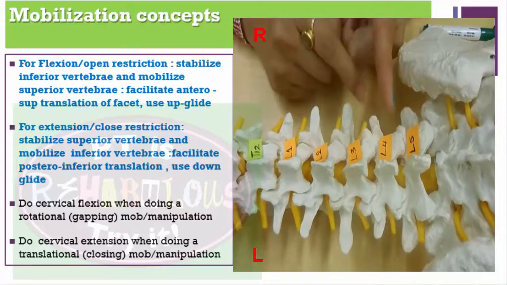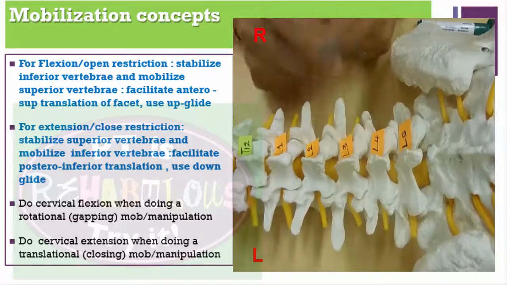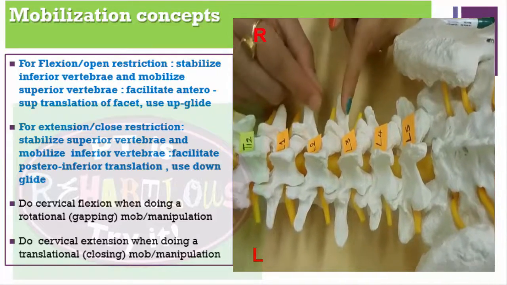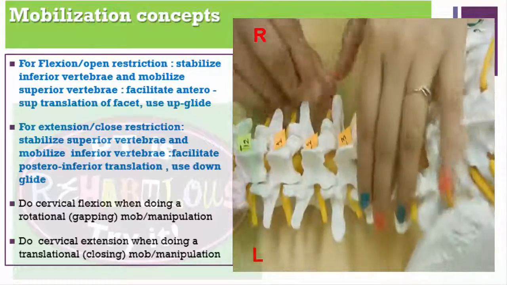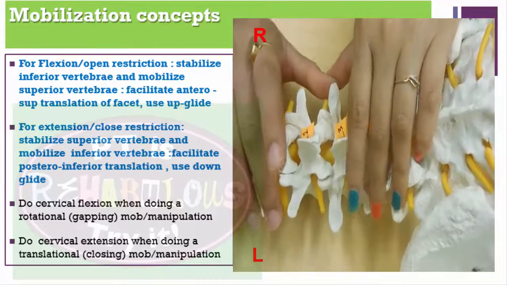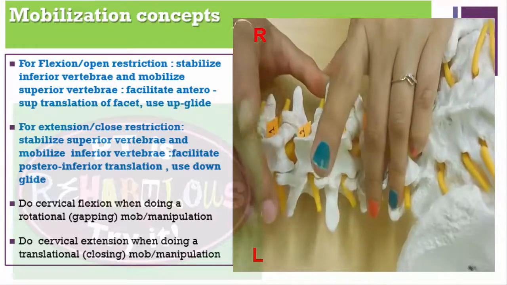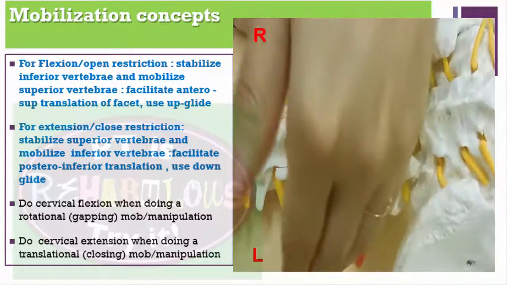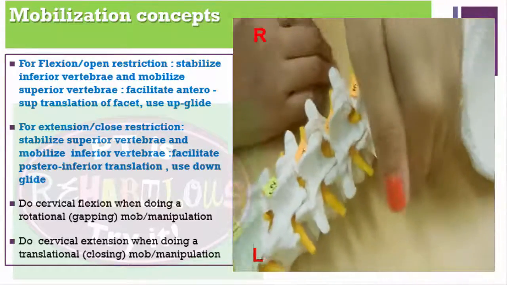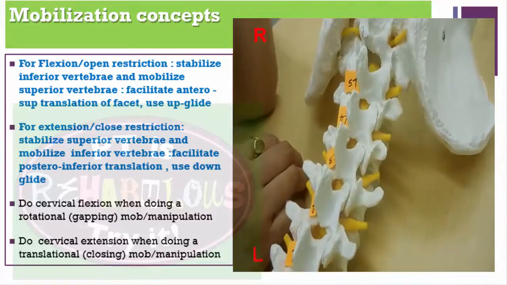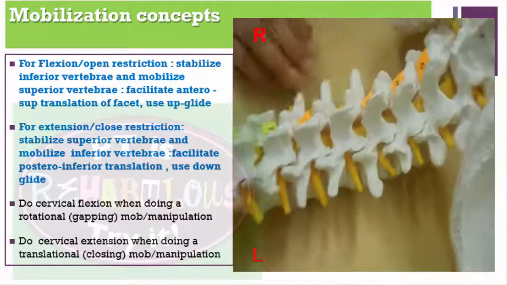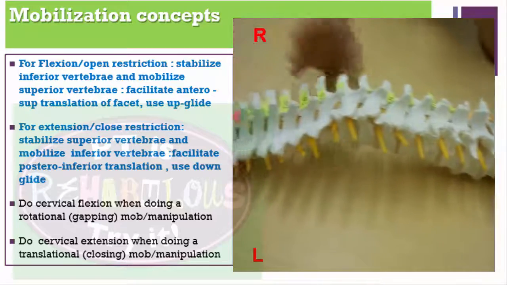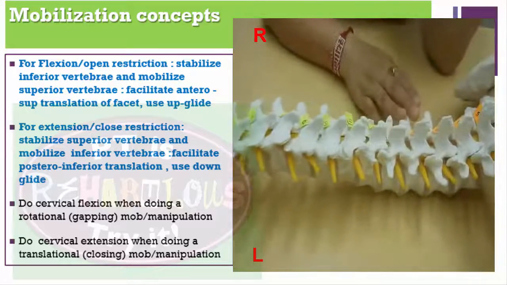And for side bending and rotation, remember that if I want to improve left side, I'm going to mobilize from this side, and if I have a problem with the right side, I'm going to mobilize from the left side. Okay, so this is all about your cervical, thoracic and lumbar spine mobilization.